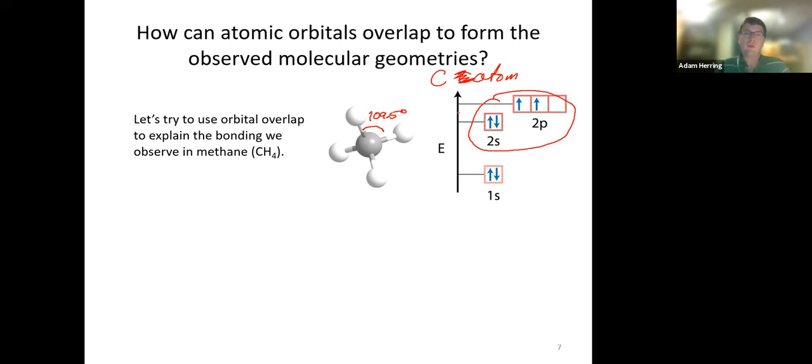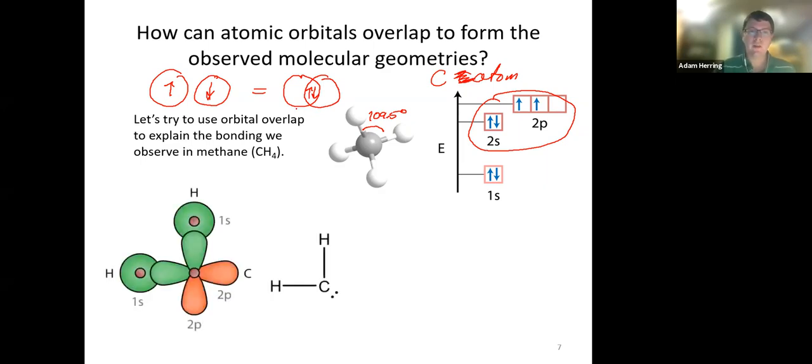Now, when we are forming covalent bonds, we have orbitals which overlap, and if they have one electron from each orbital, they will combine and overlap, and we will have the electrons with opposite spins sharing that electron density, and that's our covalent bond.